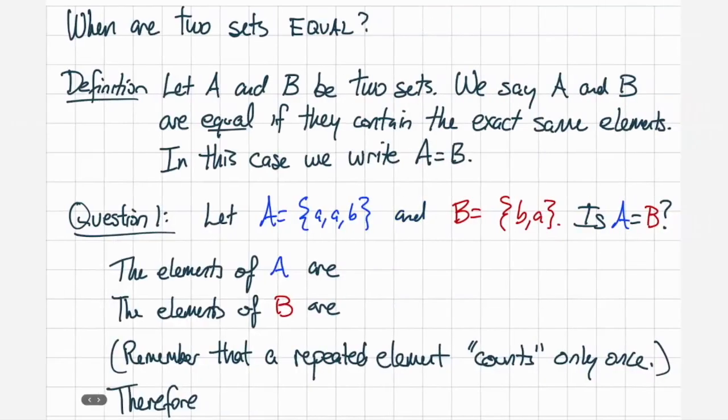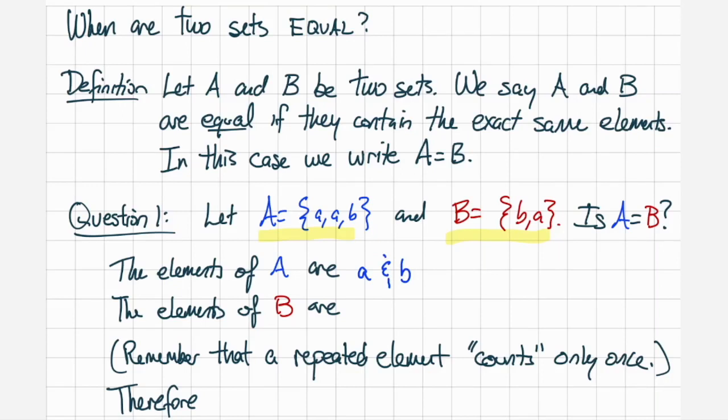So, let's look at an example. Let's consider A to be the set {a, b}, and B to be the set {b, a}. Is A equal to B? Well, let's write down the elements of A. The elements of A are little a, little b.